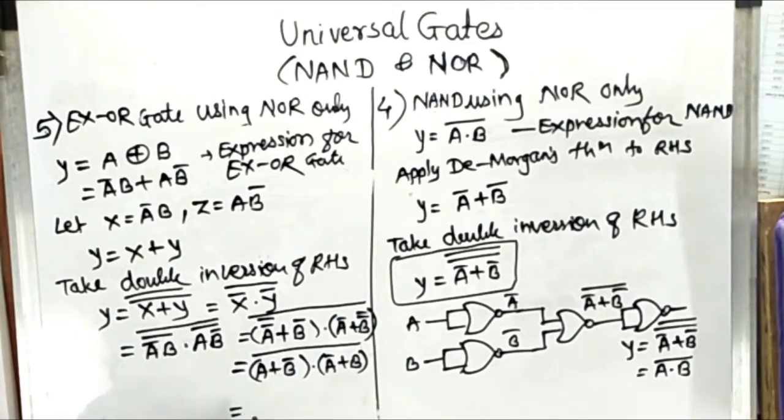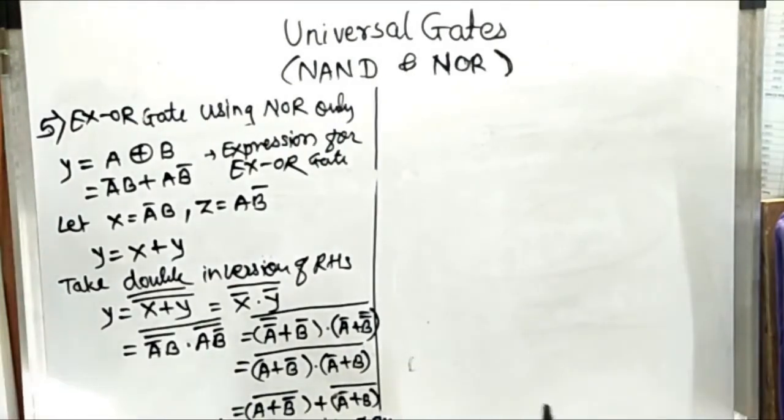So we can write here A plus B bar complement plus A bar plus B complement. So in this way we have converted all the AND signs into OR after taking double inversion.